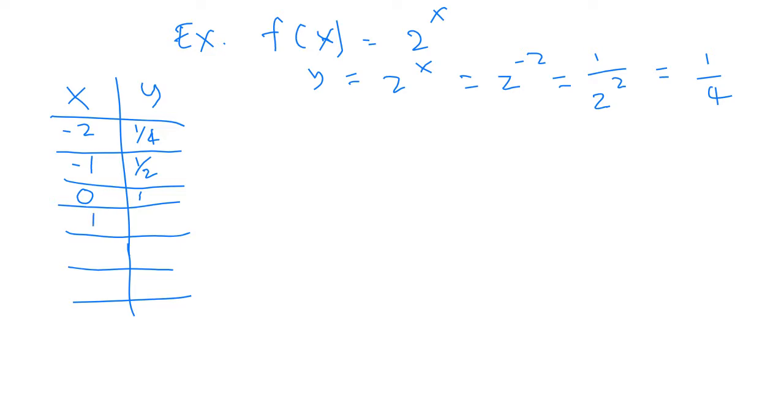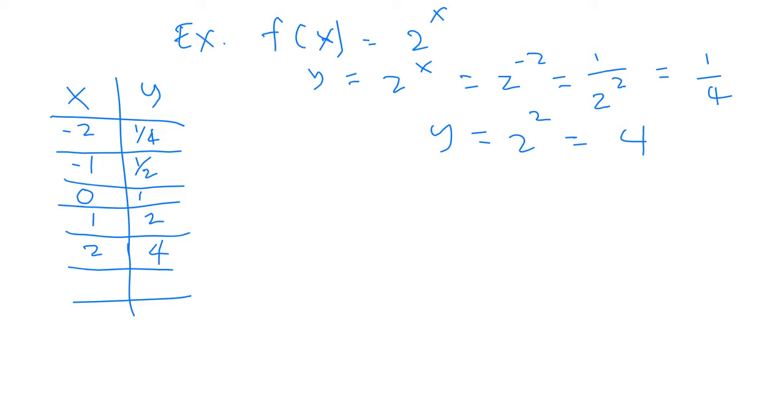So positive 1 for x, it gives you a 2. So that's 2 power of 1. So the answer would be 2. And then if x is 2, 2 power of 2, that would be a 4, right? So you will have y is equal to 2 power of 2. You will get a 4. So 4 goes to your y here.